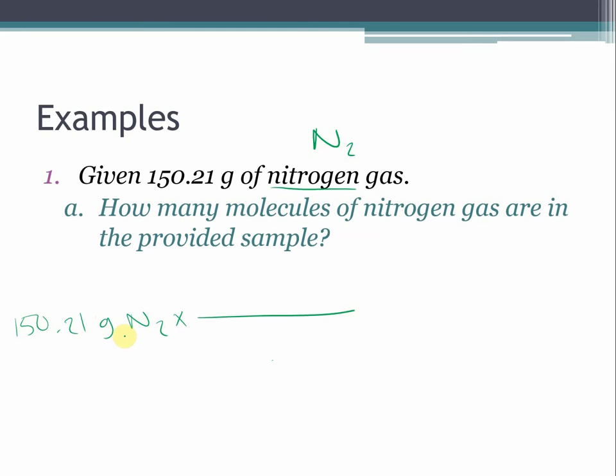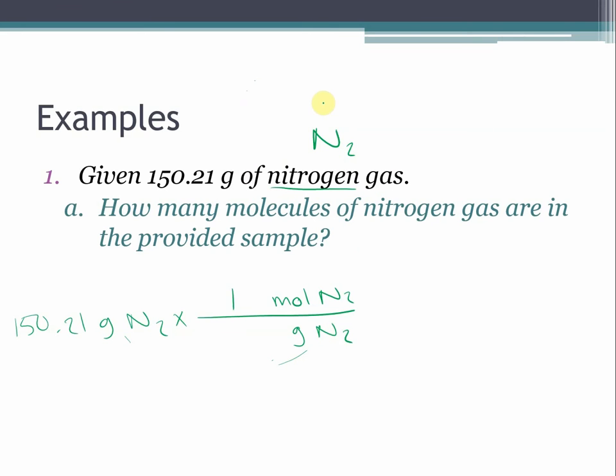What goes up must come down. Grams of N2 go in the bottom. Moles of N2 go on top. When it's moles and grams, it's always going to be 1 mole, but the number of grams we're going to have to find, because it's not just the mass of 1 nitrogen atom, it's the mass of 2 nitrogen atoms.